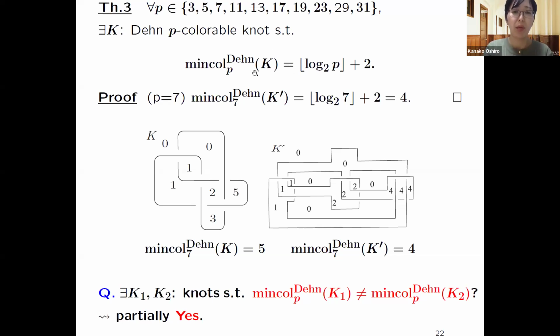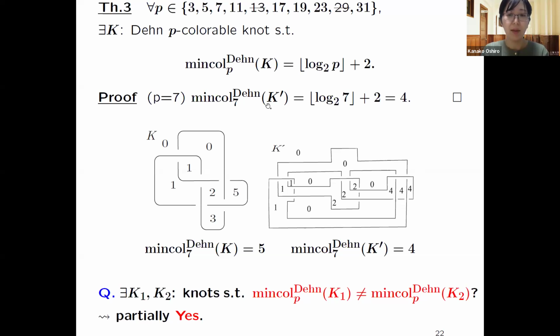So minimum number of Dehn colors of K is equal to the floor function of log 2 p plus 2. So we may also give some example satisfying this equality. So when p is equal to 7, let K prime be the knot which is represented by this diagram.